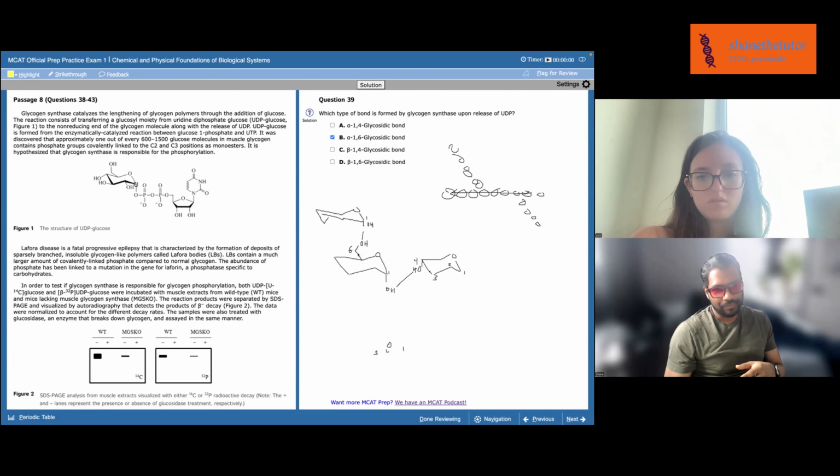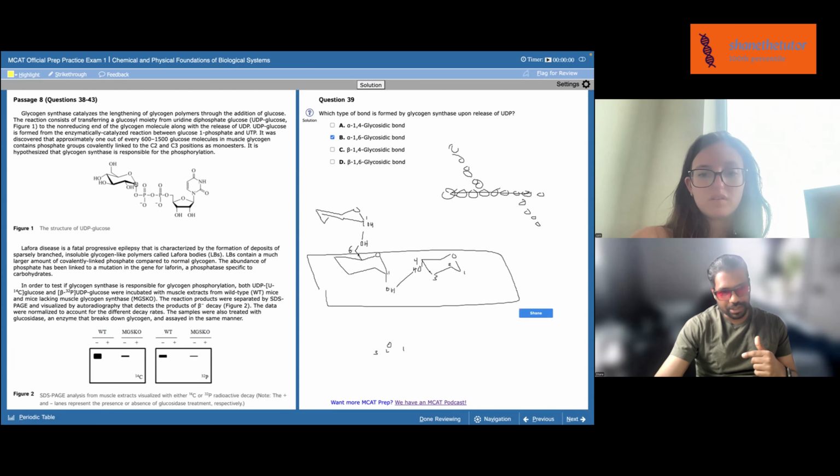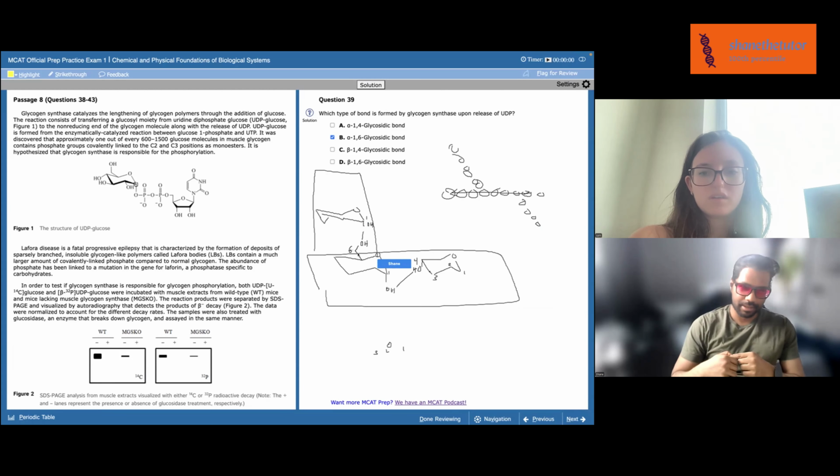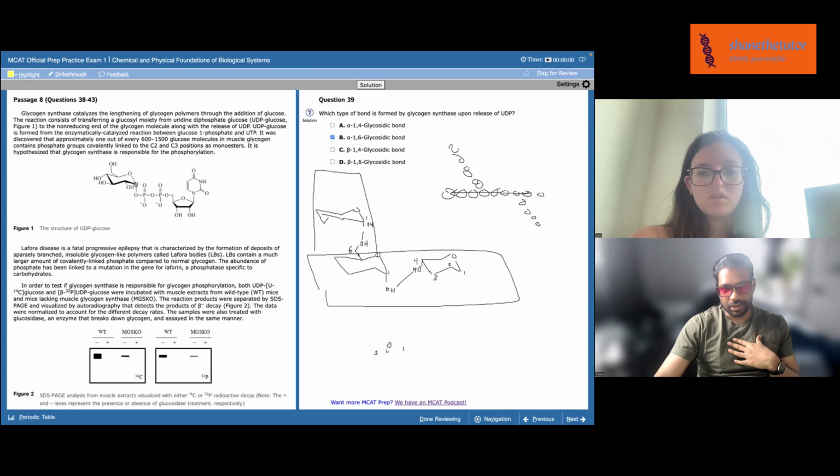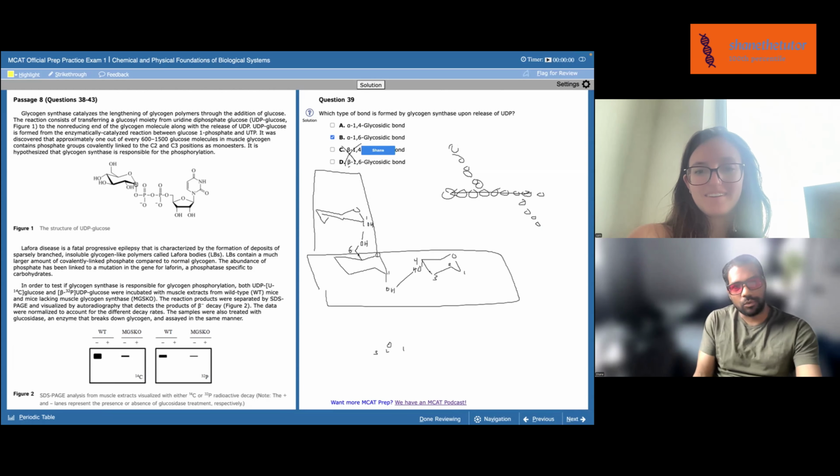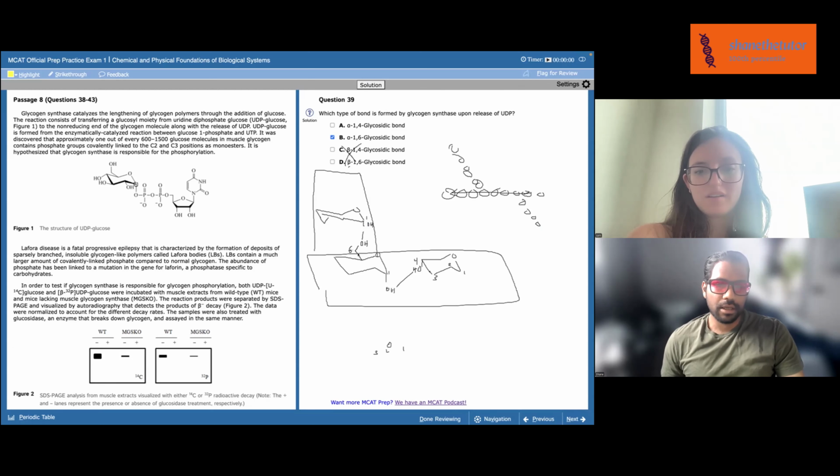So the linear chain is held together by the 1,4 linkages, and the branches are held by the 1,6 linkages. The beta ones are not things that humans can break down, but cows and other ruminants can. So okay, these are out, and now we just have to think about whether it's the 1,4 or 1,6.